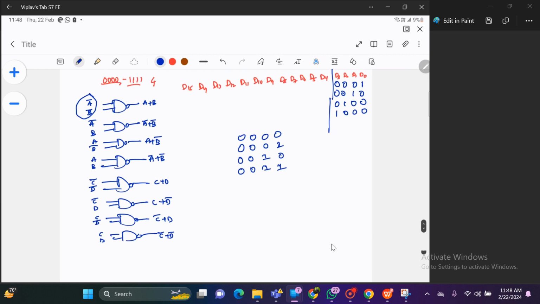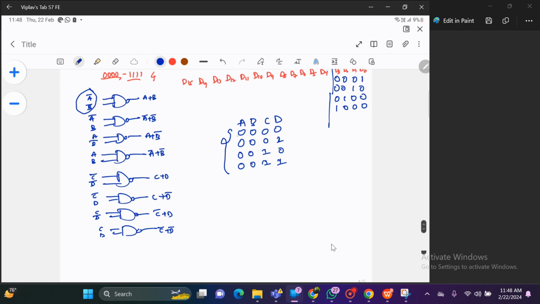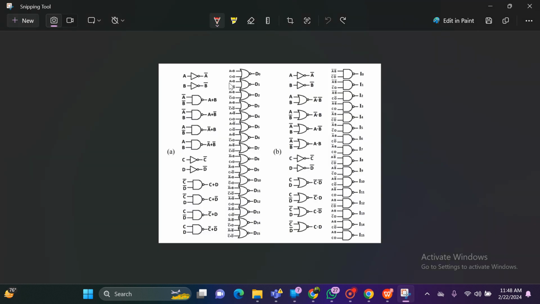A is 0, B is 0. For these 4 combinations, you can see AB is common.